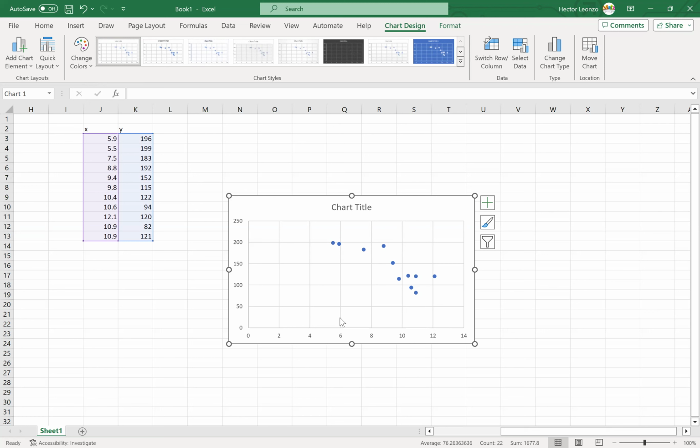Now, I would like to draw a line that represents my data here. I want to be able to draw a line such that half of my data is on one side of the line and the other data is on my other side. So I'm going to go here on my plus side, and I'm going to tell it to do a trend line. I'm going to click on it.